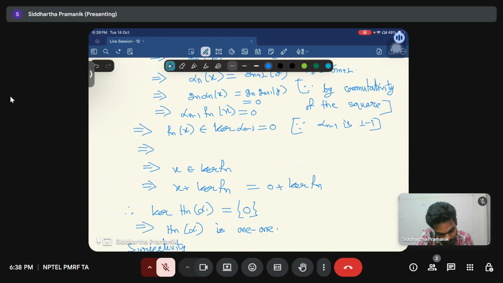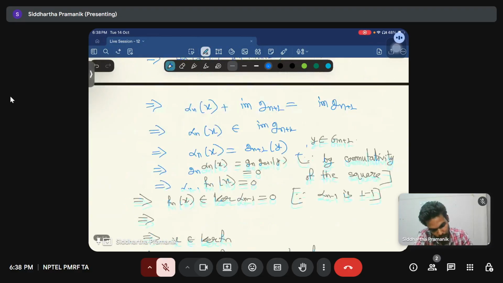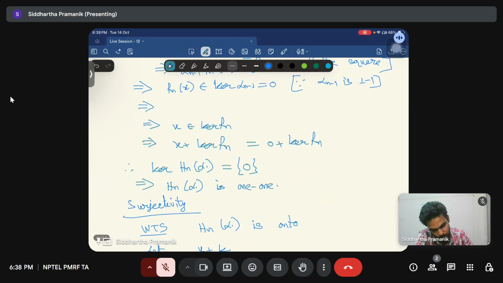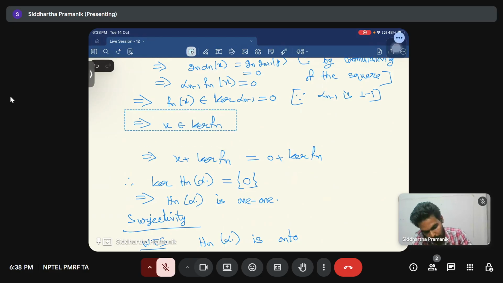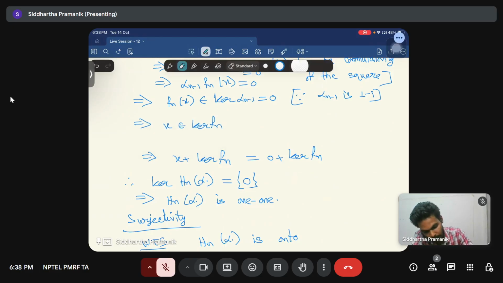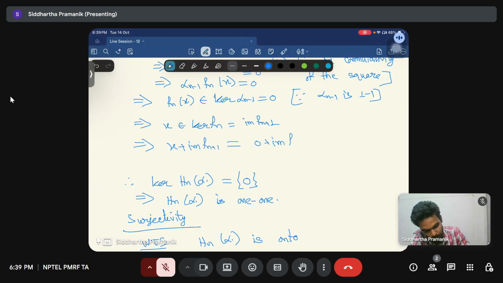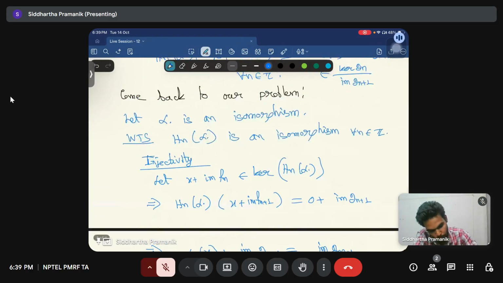So x belongs to kernel f_n, which is the same as image f_{n+1}. So this will imply x plus image f_{n+1} is the same as 0 plus image f_{n+1}. So that is what we wanted to prove.